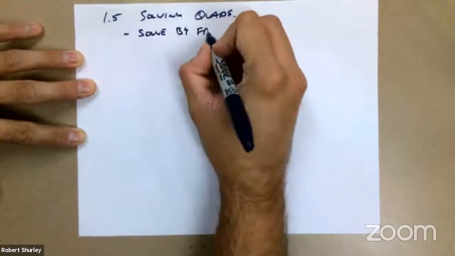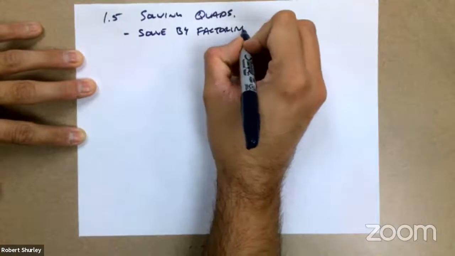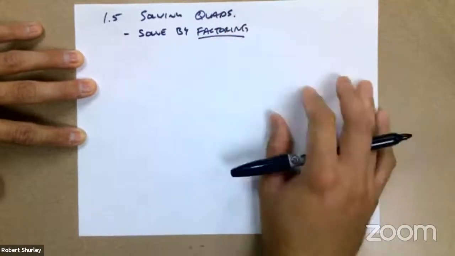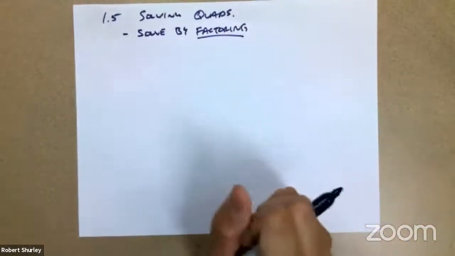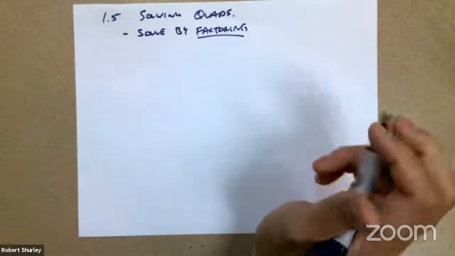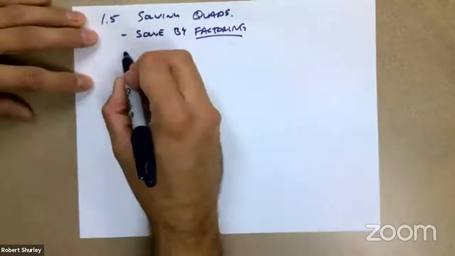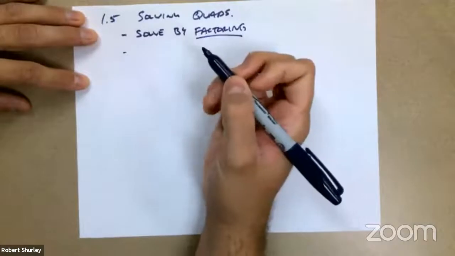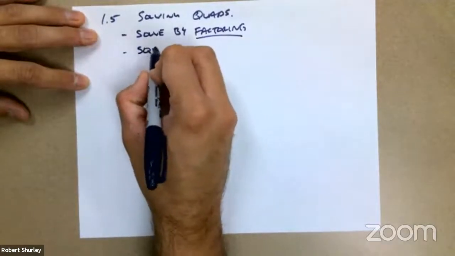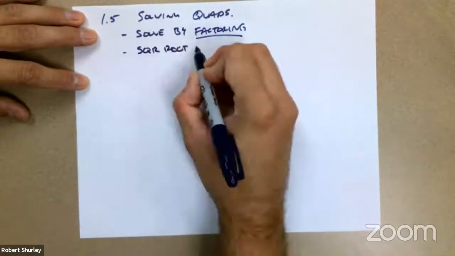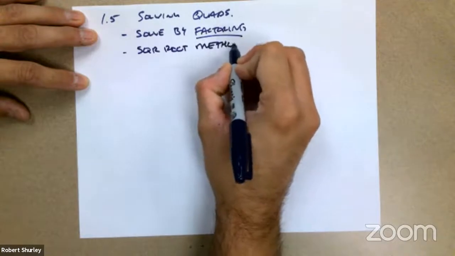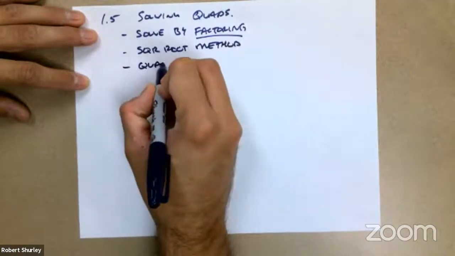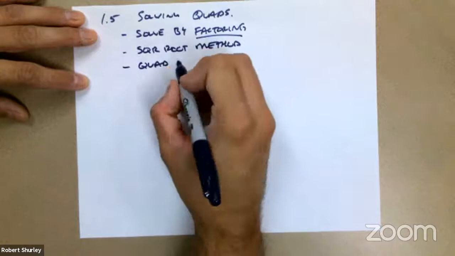And it's not necessarily the solving part, it's the factoring part we have to know for this semester, because so much simplification we're going to do is based around factoring. And then for solving them, we'll probably go over the square root method for a minute, and then the quadratic formula, which you guys are usually most familiar with.